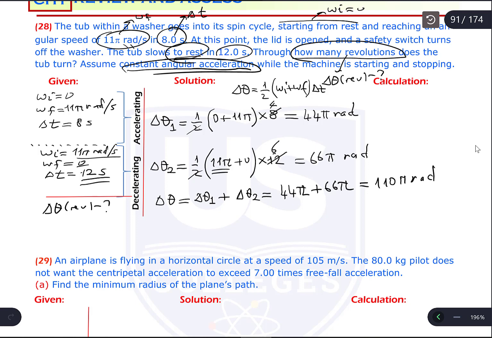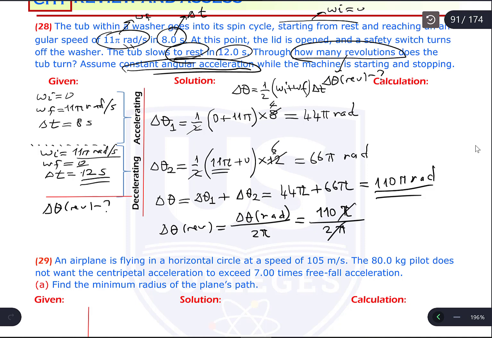But the question is revolution. How many revolutions? Let's convert this radian to revolution. Angular displacement in revolution can be calculated by angular displacement in radian divided by 2 pi. So 110 pi divided by 2 pi.